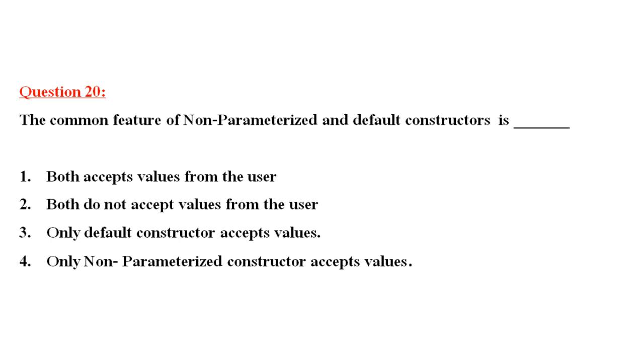And fourth one is only parameterized constructor accepts values. So the common feature is non-parameterized, that is it will accept no value. And for default constructor it will be given by the compiler, so there is no chance to pass any value. It means the common feature is number 2, both do not accept values from the user.